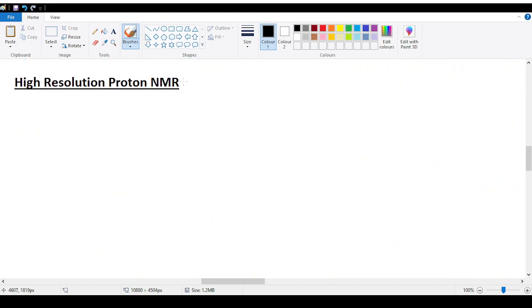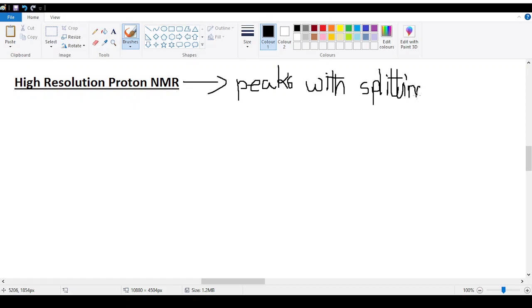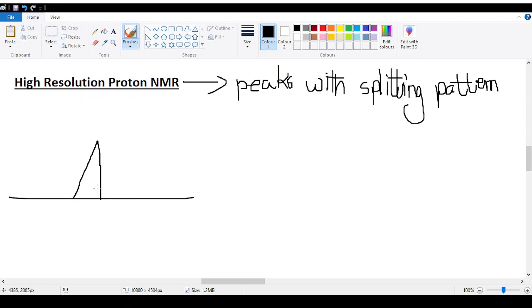But with high resolution NMR, what will happen? The interesting thing is you're going to get peaks, but with the peaks, you're going to get a splitting pattern. What does this mean? Your peaks can be split. Imagine you have a single peak. This is what a peak looks like, for example, in a low resolution NMR. In high resolution NMR, the peaks will be like this.